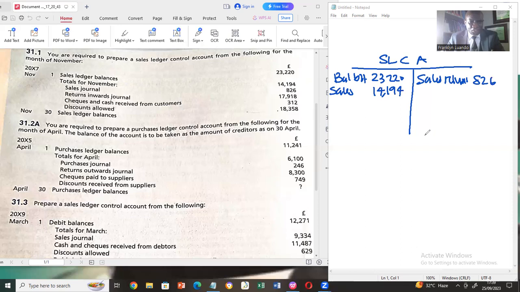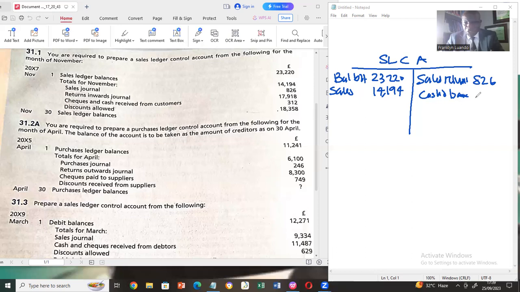Checks and cash received from credit customers will be here. Cash and bank, how much do you have there?